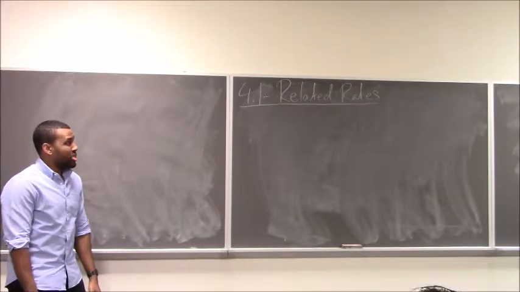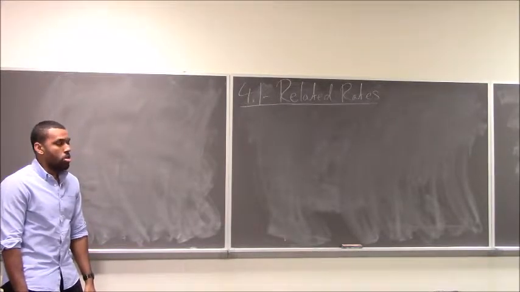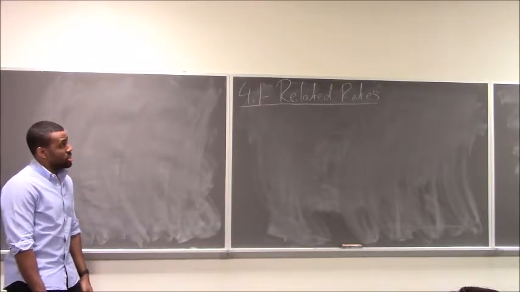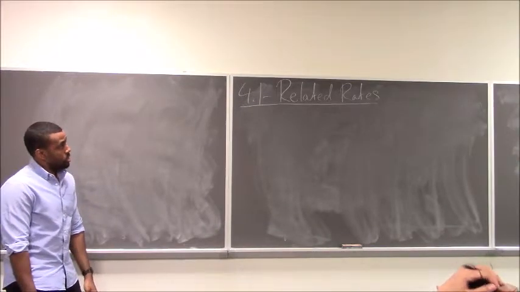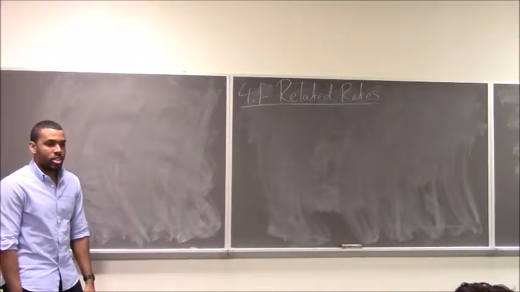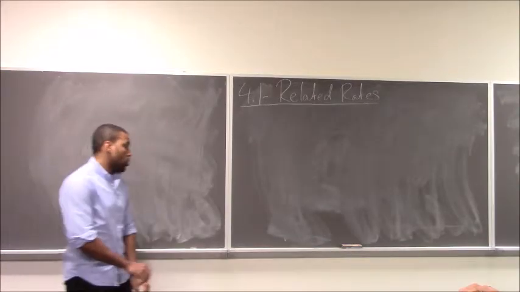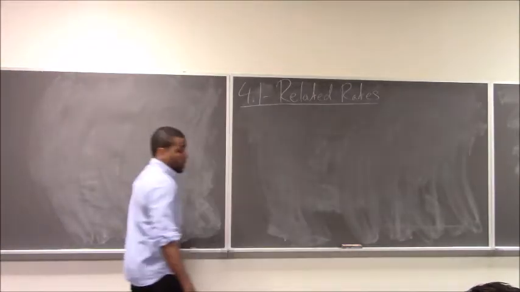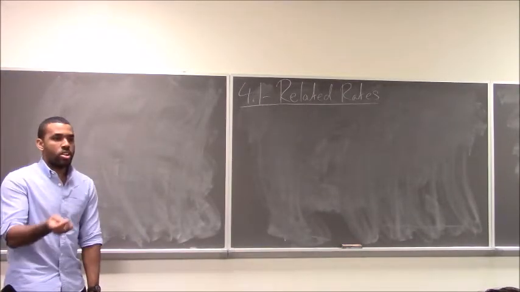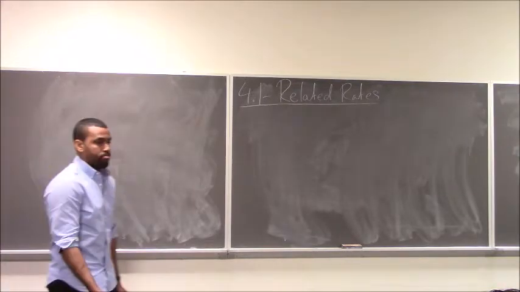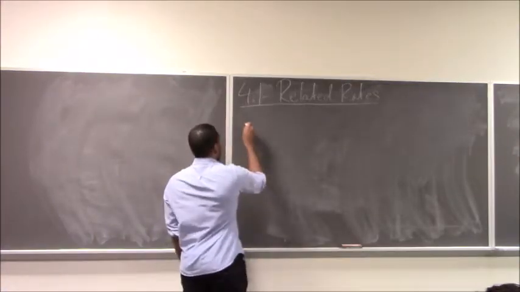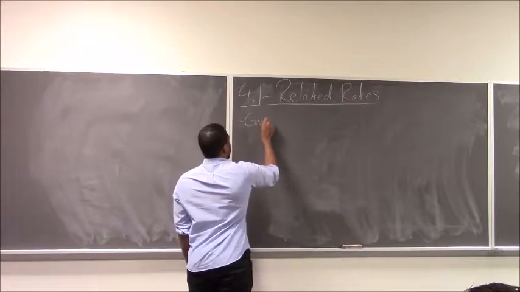So related rates is going to be the kind of problem where a situation is described to you, and you're told about related quantities, and you're told the rate of change of one or several of these quantities, and you have to figure out the rate of change for the remaining quantities. So that's the basic idea.